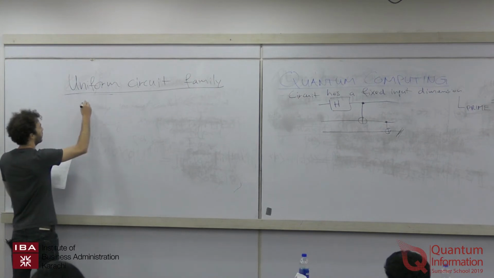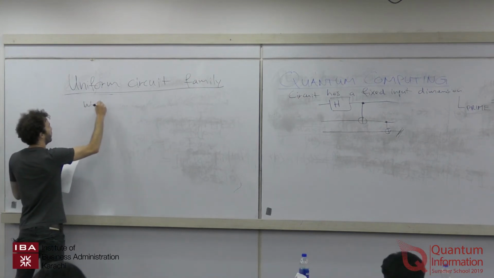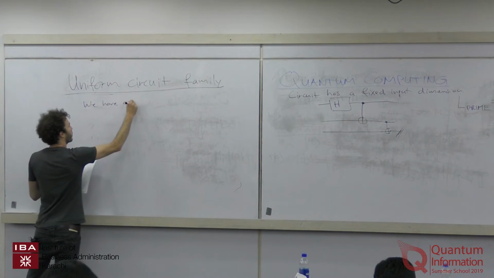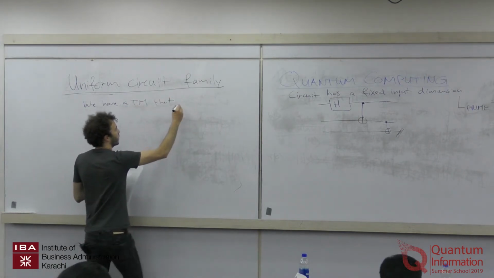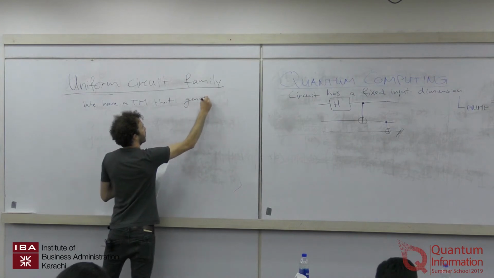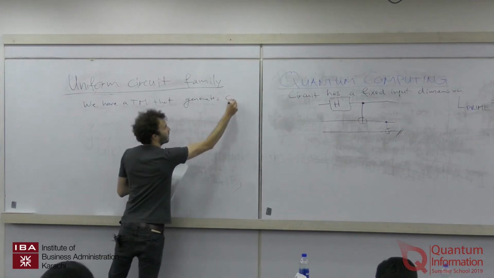So the idea is, you have an algorithm that generates C_i.